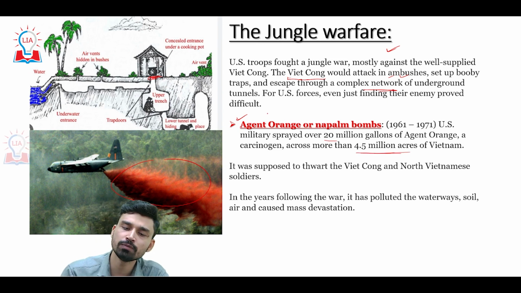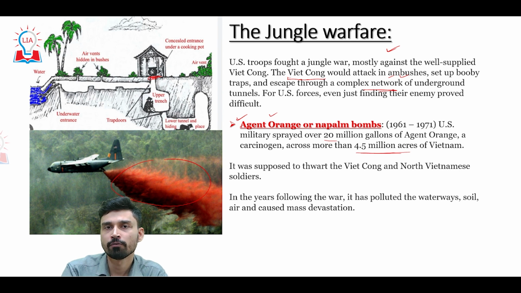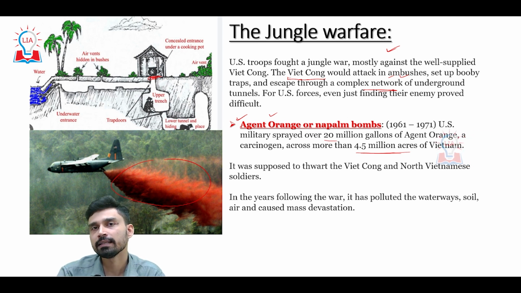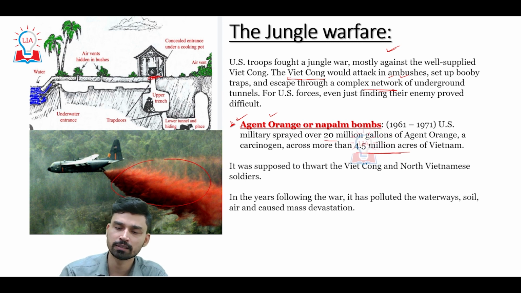The main reason behind its use was that when you spread it over the forest or dense vegetation, the entire forest withers away and basically disappears, and thus grasslands and flat lands open up, and it is easier for US forces to carry out operations and also to see the enemies at a much farther distance.